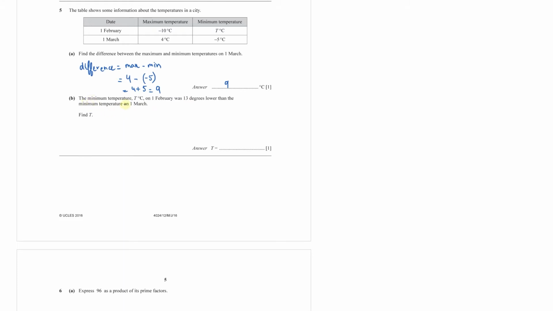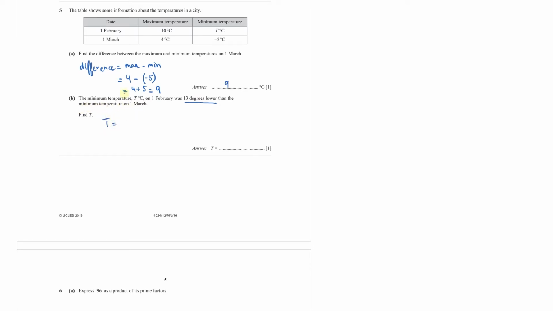Part B is the minimum temperature T degrees Celsius on 1st February was 13 degrees lower than the minimum temperature on 1st March. Find T. So T is 13 degrees lower than the minimum temperature on March 1st.